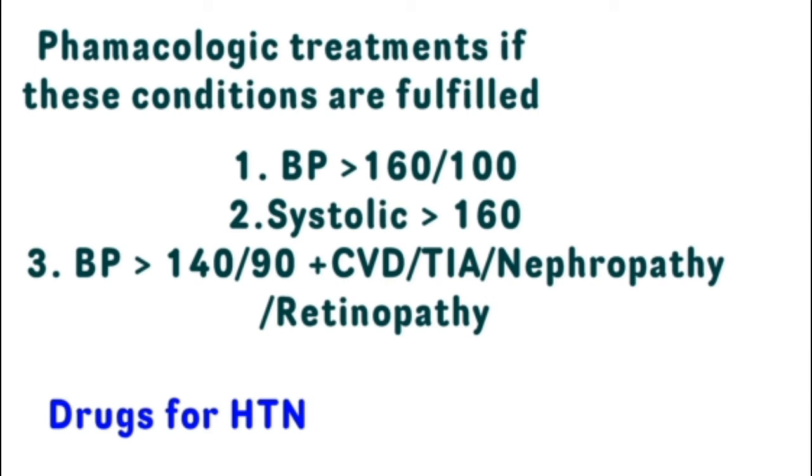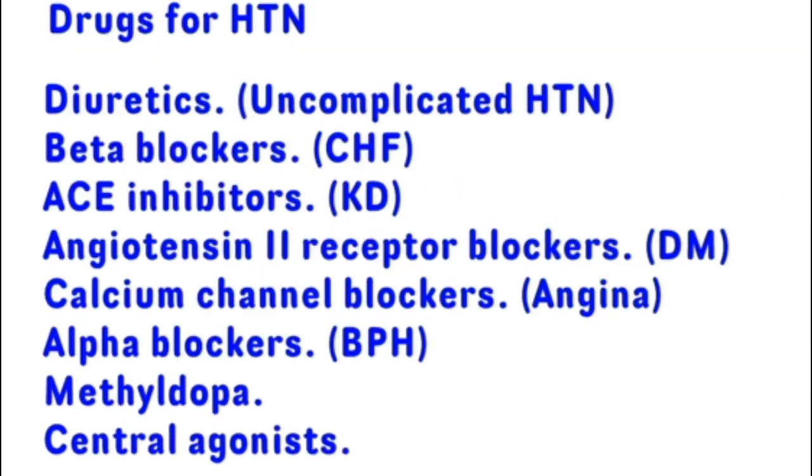Now, moving forward, the drugs that are used for hypertension. So this is the list of drugs that are used for hypertension, and in the brackets I have listed the conditions in which they are given. For example, if someone is suffering from uncomplicated hypertension, a diuretic is the best option, your thiazide diuretics.